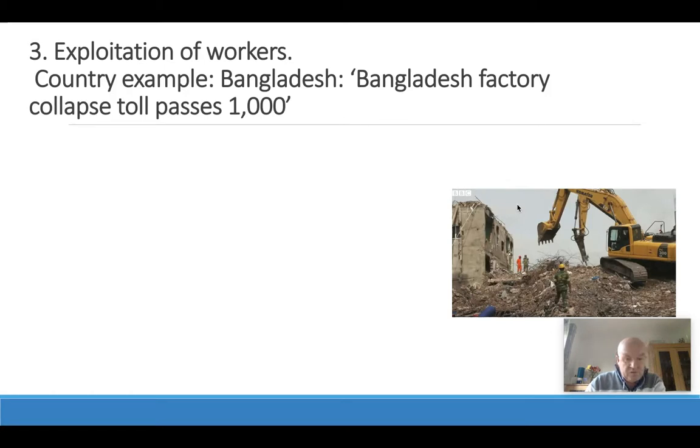Over 1,000 workers were killed when there was a factory collapse, and that was probably down to workers being asked to work in unsatisfactory conditions. Maybe the health and safety conditions in Bangladesh at the time weren't up to where they should have been.